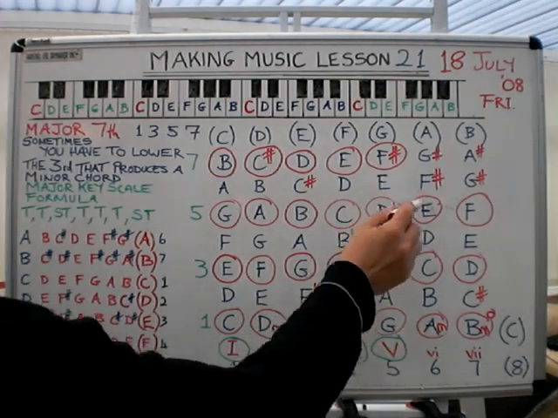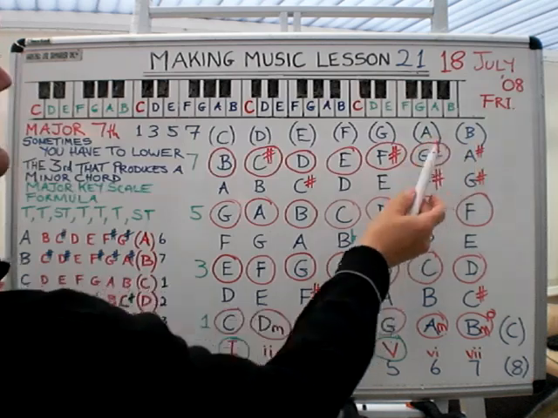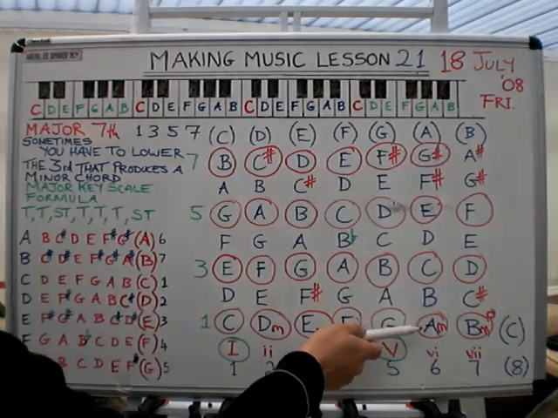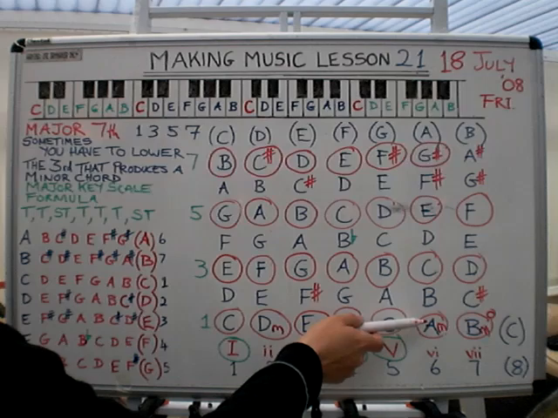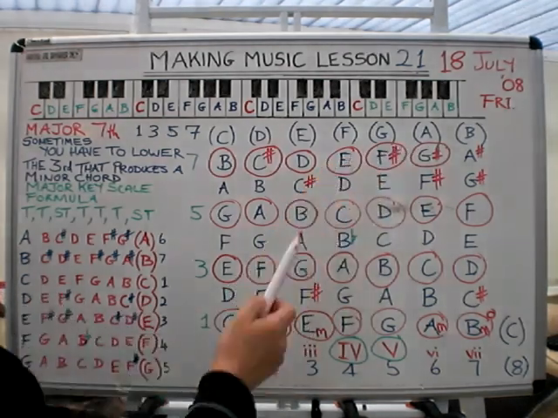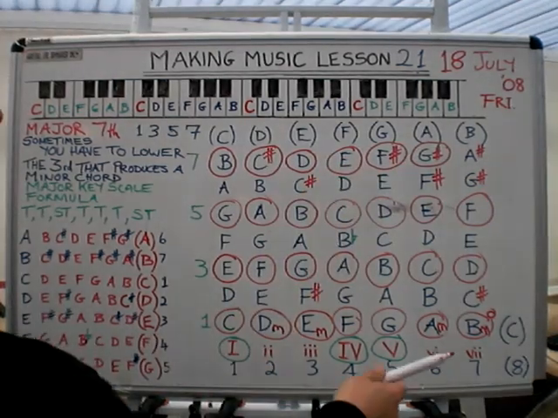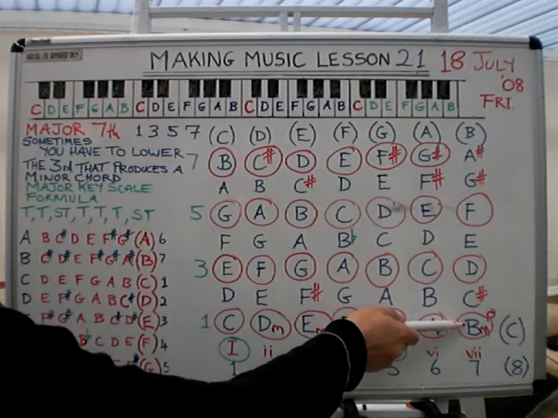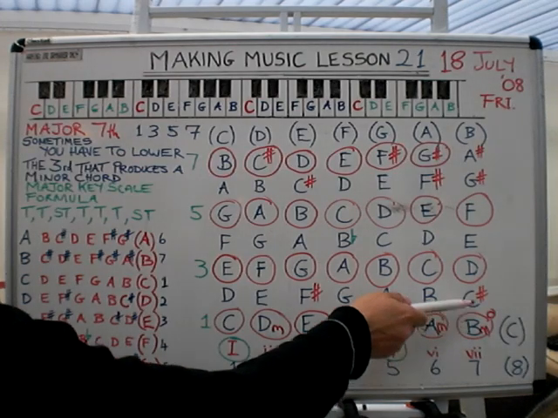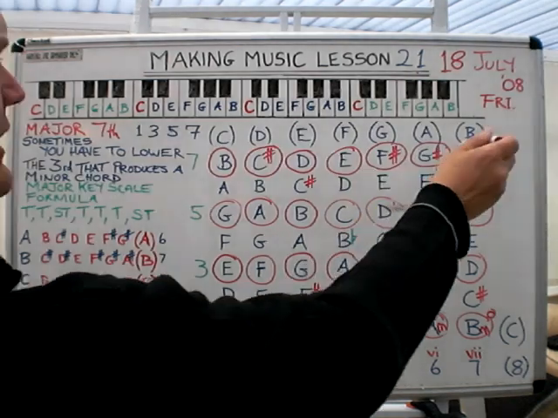The A major 7th is made up of A, C, E, G sharp. And the last one, B major 7th, is made up of B, D, F and A sharp.